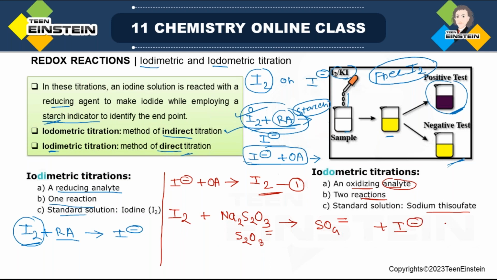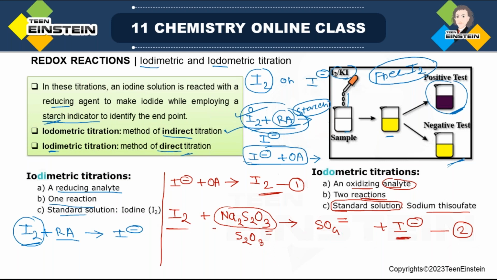So see here we have done the second reaction, and this solution is basically a standard solution. That means you know the concentration of Na2S2O3. Now if you balance this equation, the products are SO4 2 minus, and in this case NaI will be produced. NaI is nothing but I minus.